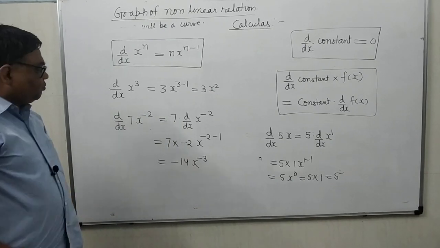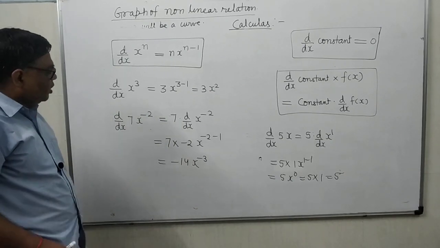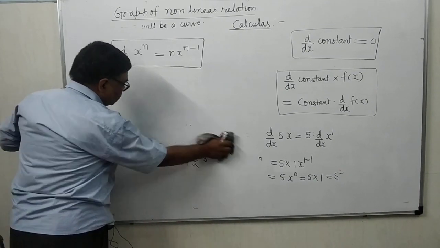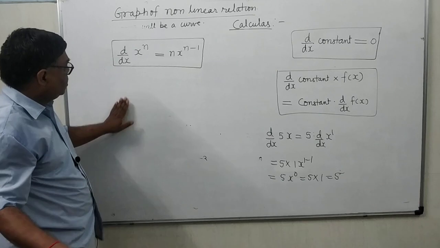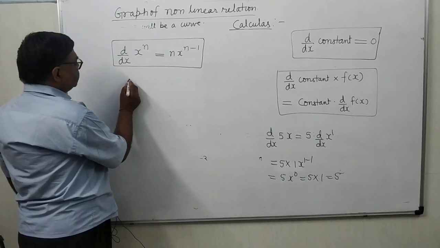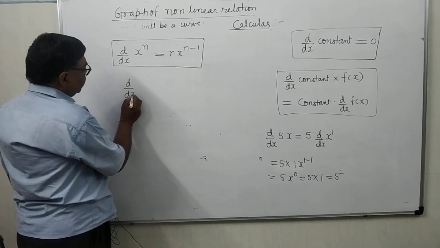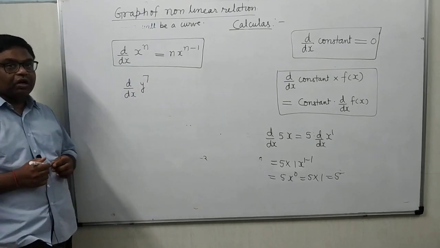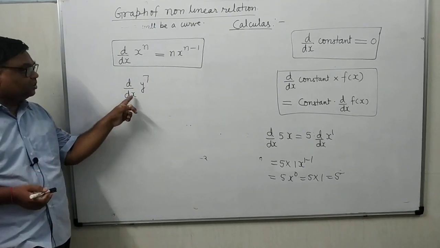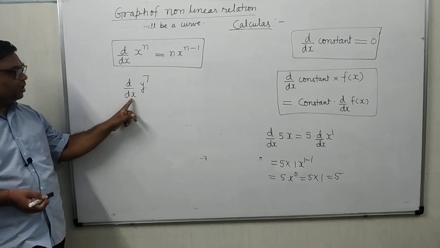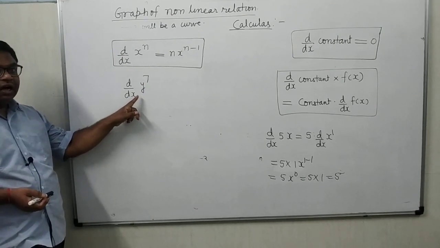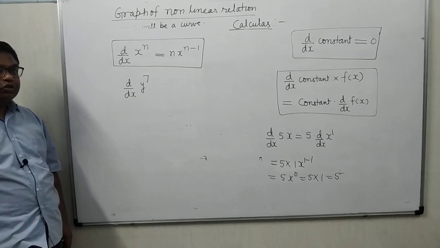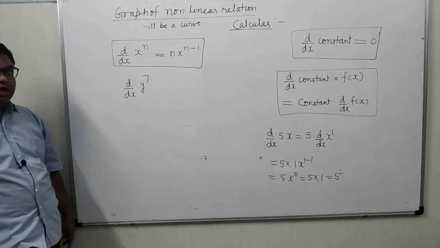It is clear? Now see here, suppose it is like this, d by dx of y to the power 7, then we cannot apply the formula directly here because both are different. The operator is of x and here the power is raised over y.